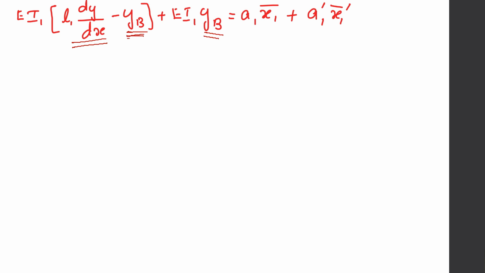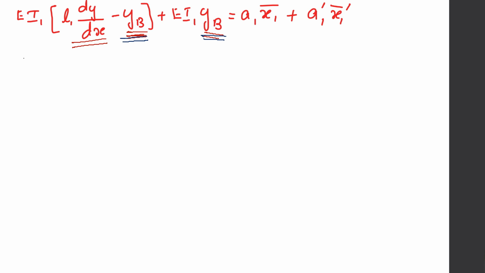So this first yb is the deflection at b from A, and this yb is the deflection at b with respect to b.